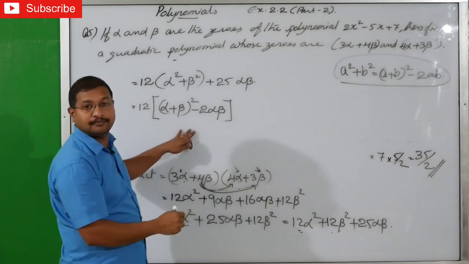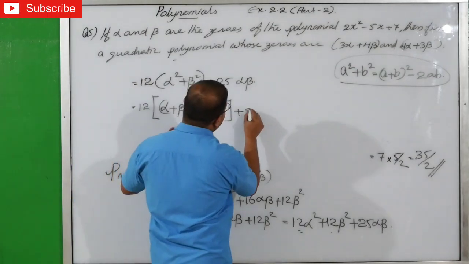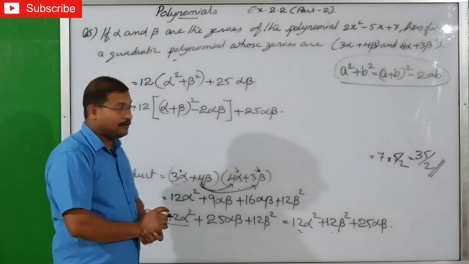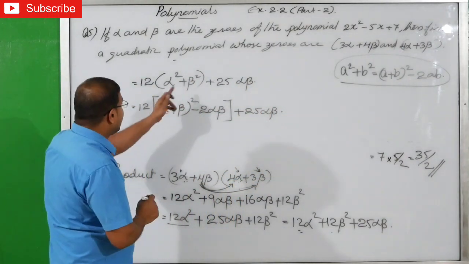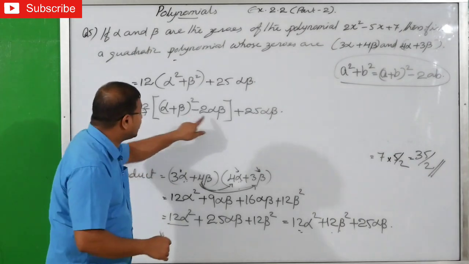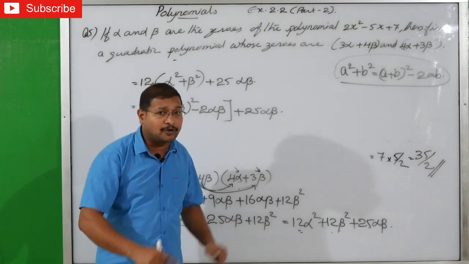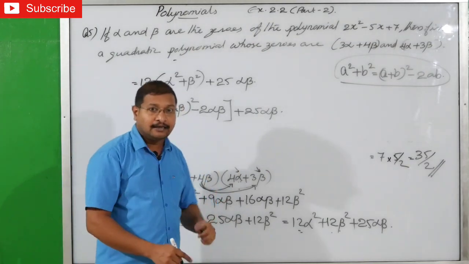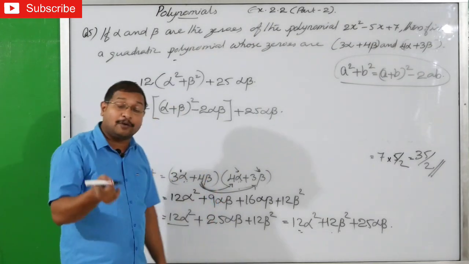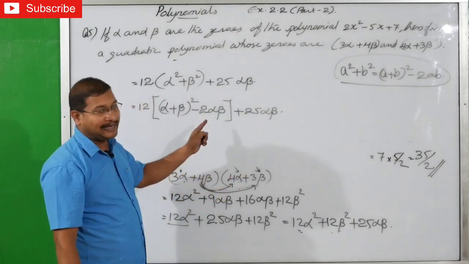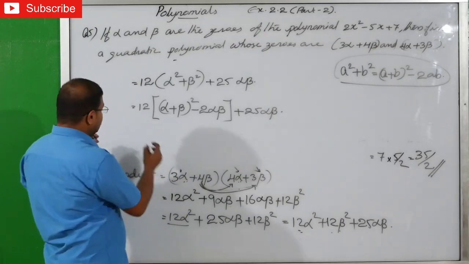This is the formula. We are doing this because alpha plus beta and alpha beta are given, and alpha square plus beta square is not possible for us to find directly, isn't it? That is why we convert alpha square plus beta square into alpha plus beta the whole square minus 2 alpha beta.